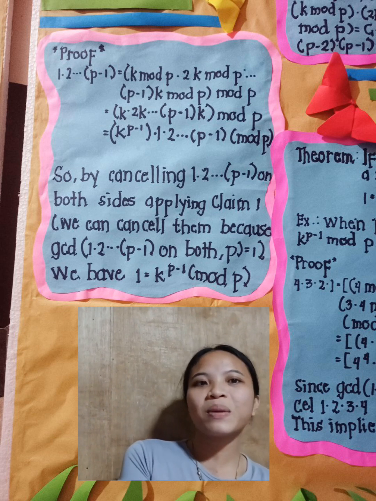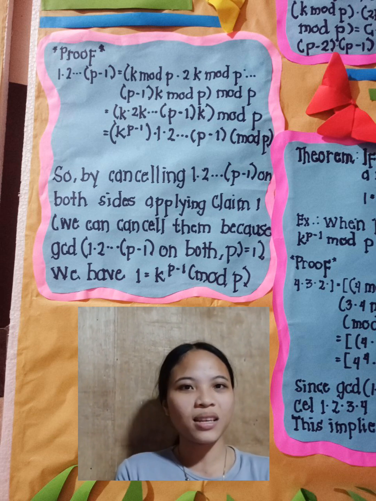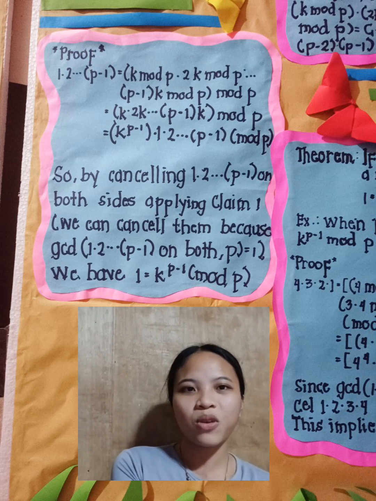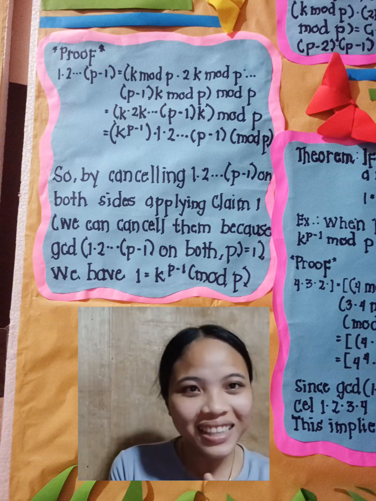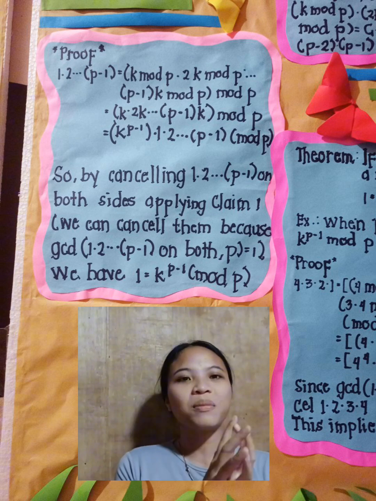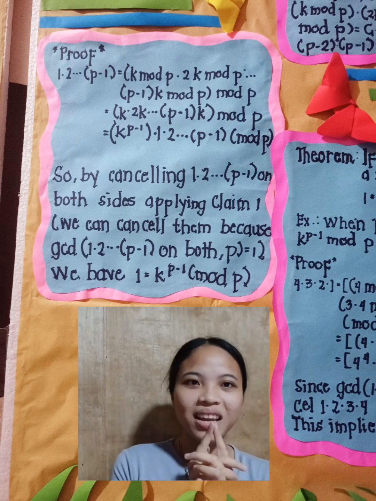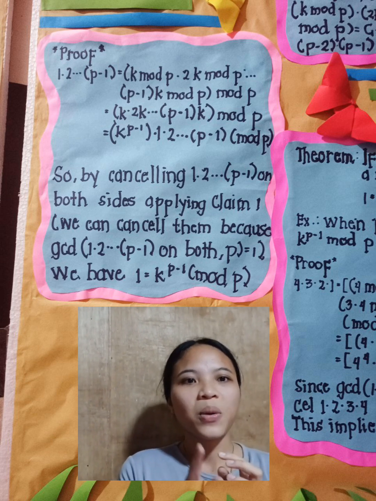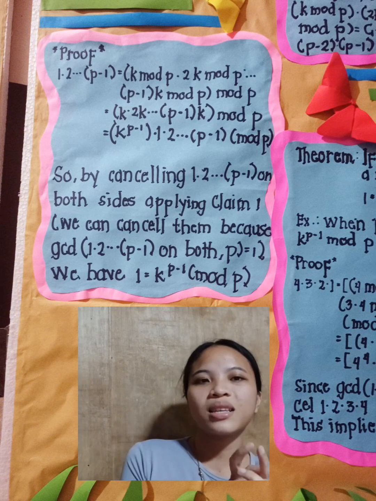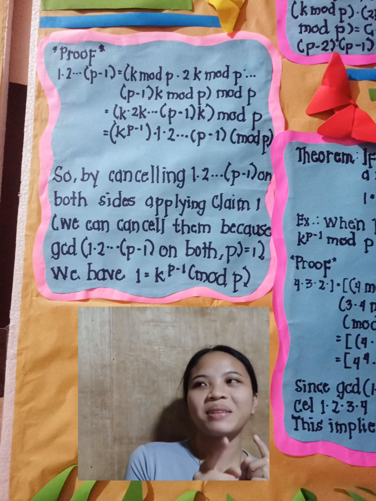By cancelling 1 times 2 and so on up to p minus 1 on both sides, which we can do by claim 1 because the greatest common divisor of 1 times 2 and so on up to p minus 1 and p is 1, we have 1 is equal to k to the power of p minus 1 mod p.